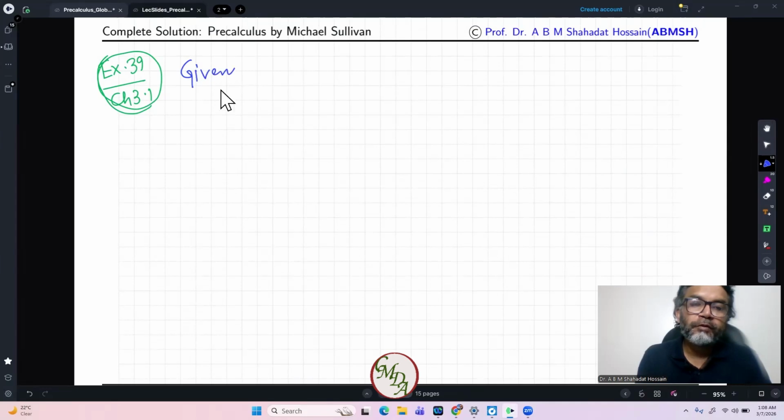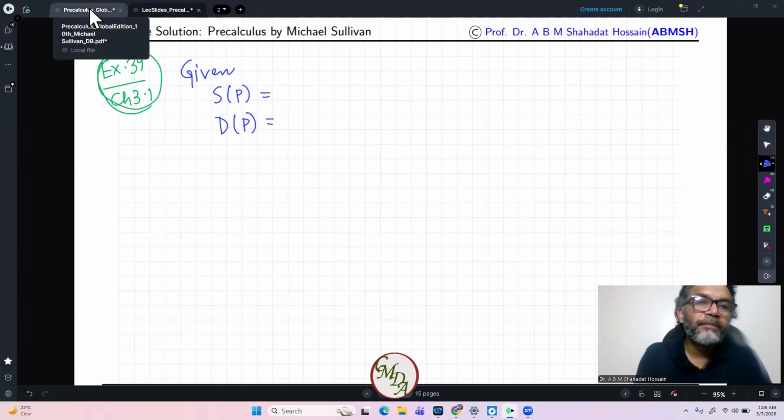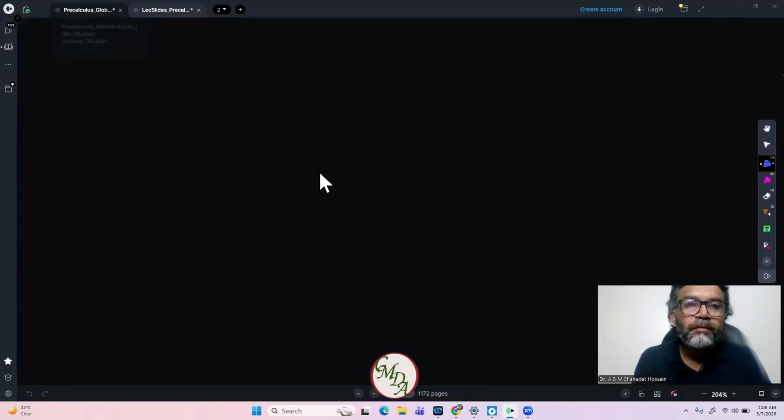Given two functions, S of P represents the quantity supplied and D of P the quantity demanded. Let's see the expressions of these functions. Function গুলো আমরা একটু দেখে নেই.